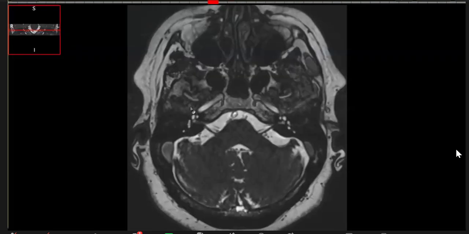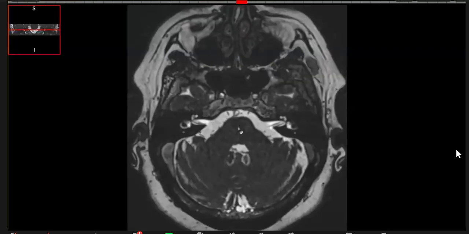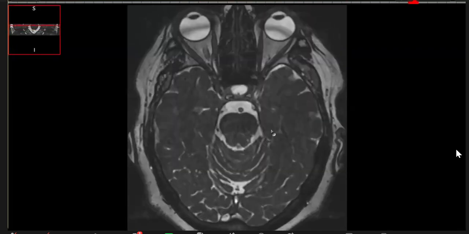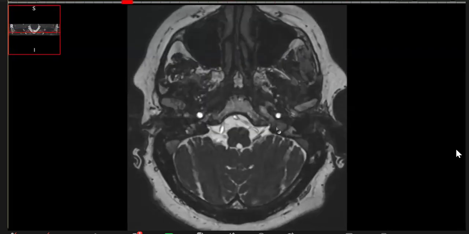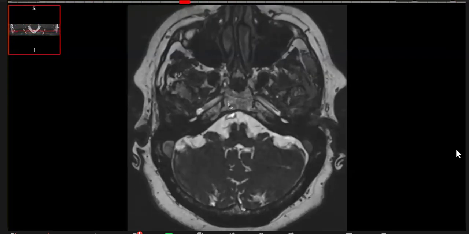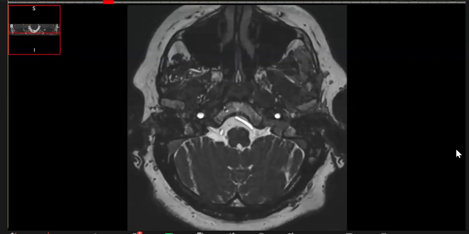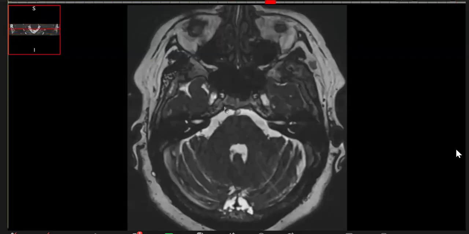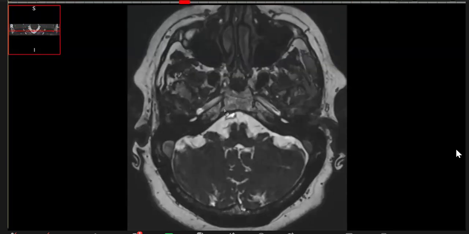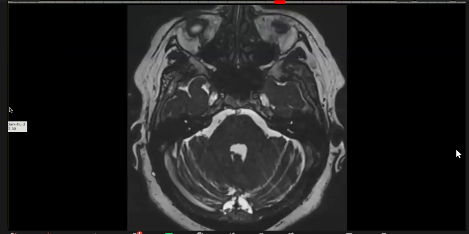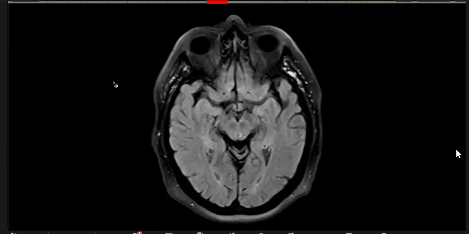So they did an IAM scan. This was the IAM, and the IAM was normal. There were some sequences which in our protocol we do in addition. It's not a classical brain, so I'll show you one of them, and which is this one. Over to you.